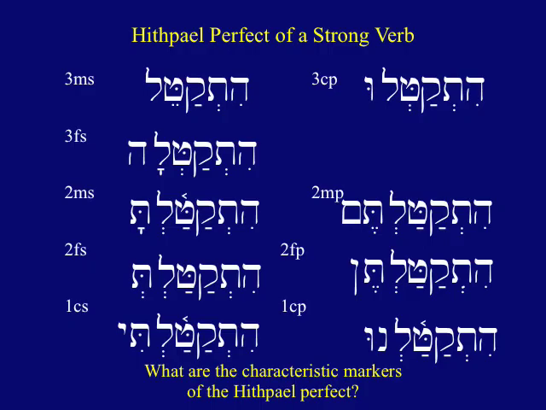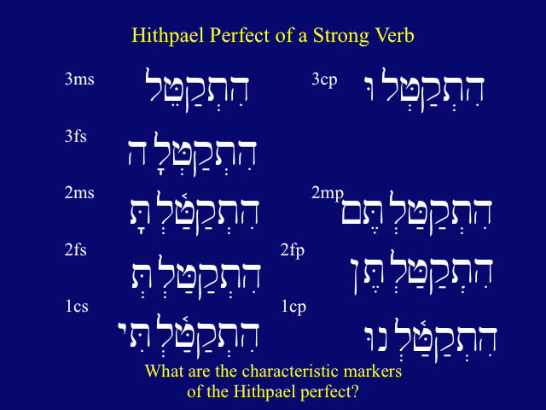Let's look at the hithpael perfect of the strong verb, taking katal as our paradigmatic template. Go ahead and read through it with me. 3MS, hitkatel, hitkatla, hitkatalta, hitkatalt, hitkatalti.